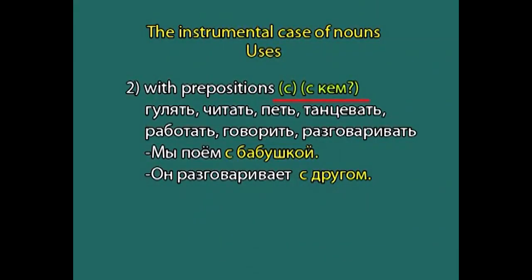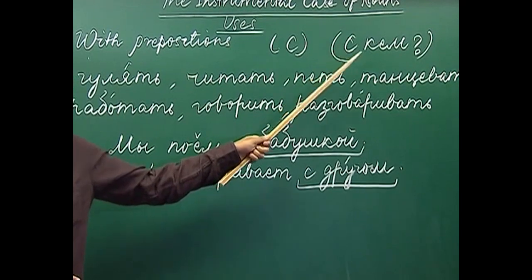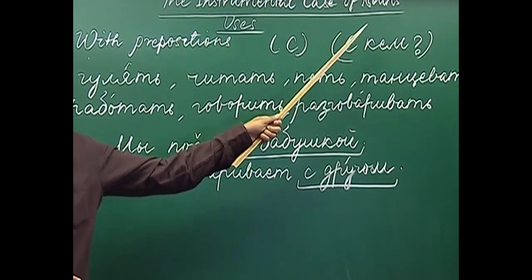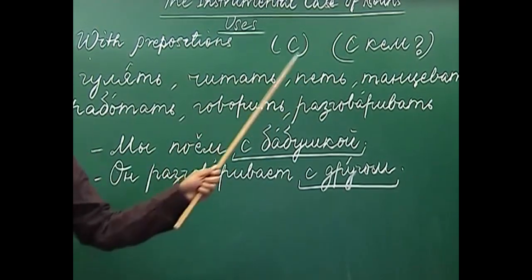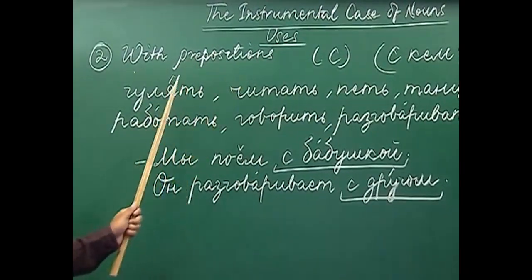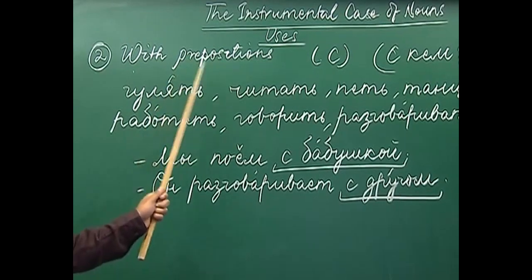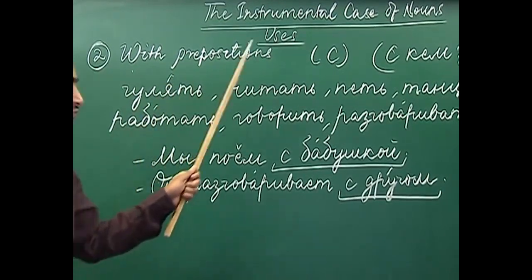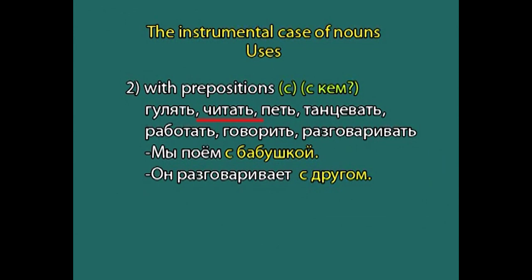For example, there are certain verbs with which we use с кем. С is with and кем is the instrumental case form of кто, with whom. Гулять с кем, to take a walk with whom. Читать с кем, to read with whom.